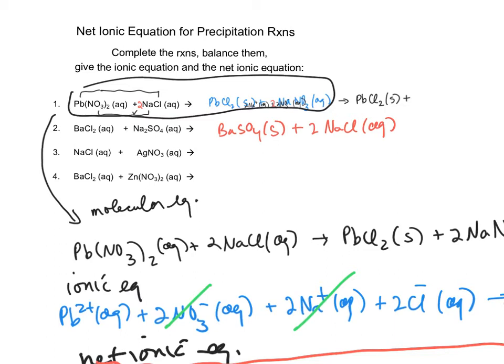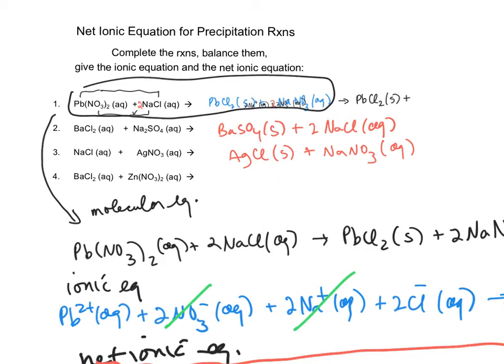The next one, you're going to do your double exchange and get silver chloride solid plus sodium nitrate aqueous. So you can write that. That's a reaction that proceeds. If you get a solid precipitate, then you can say, okay, I've got a chemical reaction. You can pour off the solution, which contains sodium chloride, for example. You can isolate the solid barium sulfate. It's a way to make barium sulfate using these precipitate reactions.